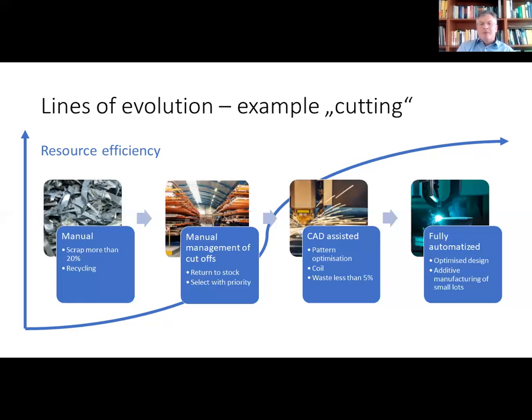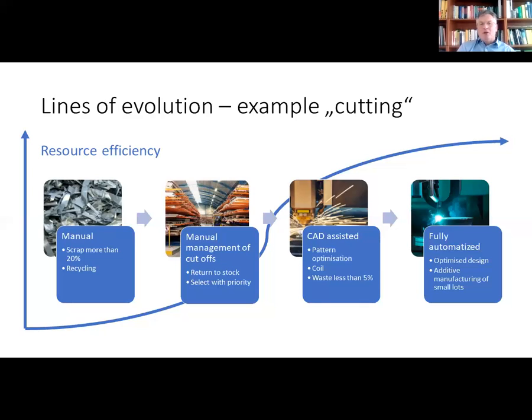Third stage, again an advancement, would be computer assisted pattern optimization, working from coils where applicable, thus generating waste of less than 5%. And the ideal best practice at the moment is fully automatized, optimized design, considering the raw material or additive manufacturing, especially of small lots.